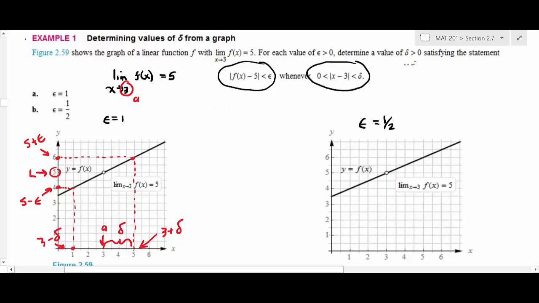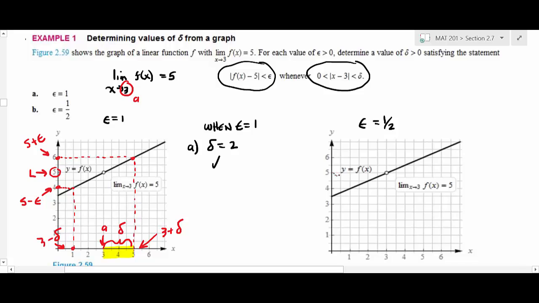Delta in this case is this distance from here to here, so that's 2. For part A, delta is equal to 2. So when epsilon is given as 1, we conclude that delta can be 2 or less.